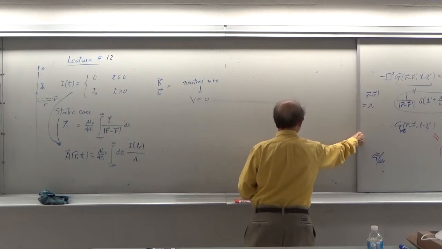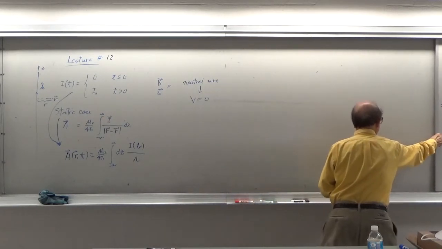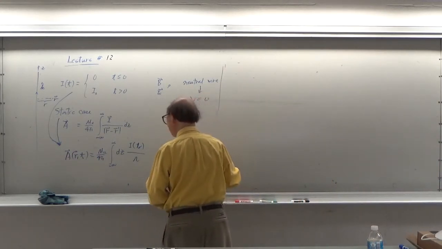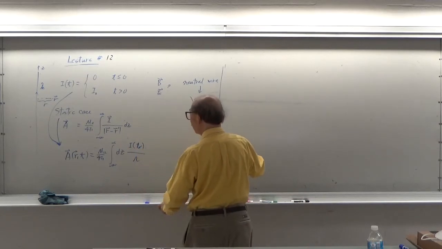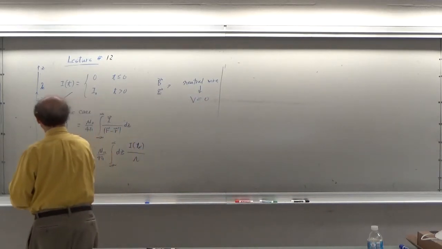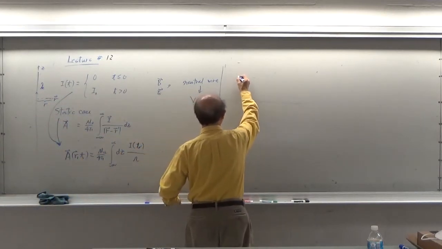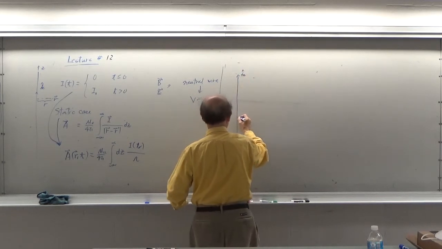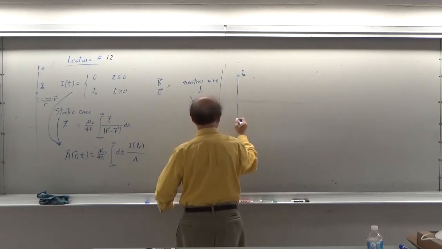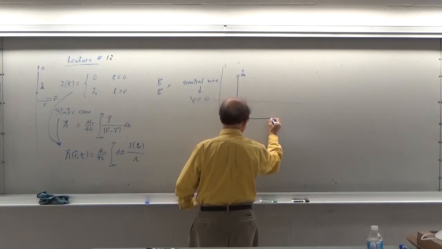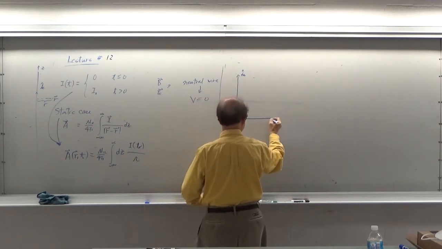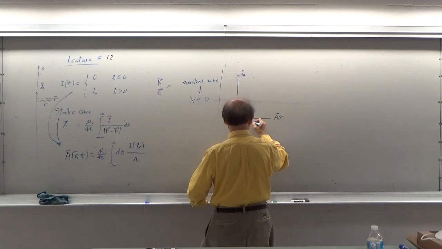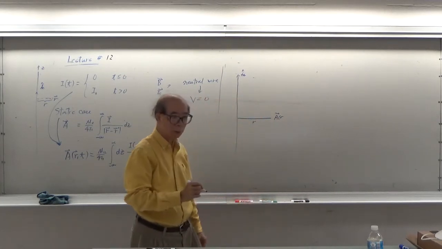Okay, more space here. All right, so continue. Let me draw the straight line again. So I'm interested in this. Let's take this to be the origin of the coordinate system, and we're interested in calculating the vector potential at this point, which is r away from the straight wire.